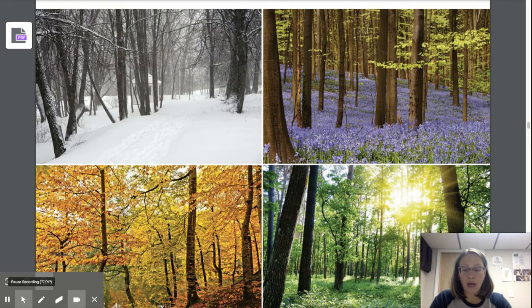So let's see if we can compare and contrast those two seasons. So, what are some similarities, or the same things, the same characteristics between winter and spring?